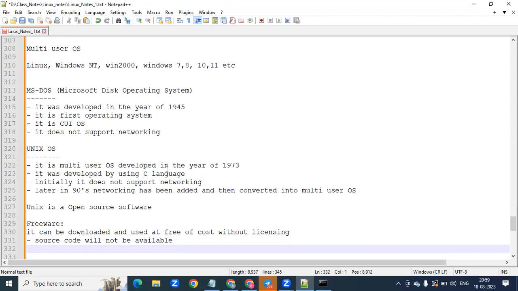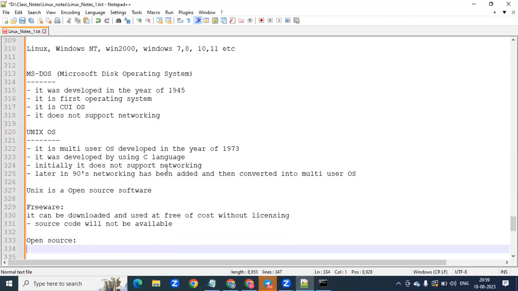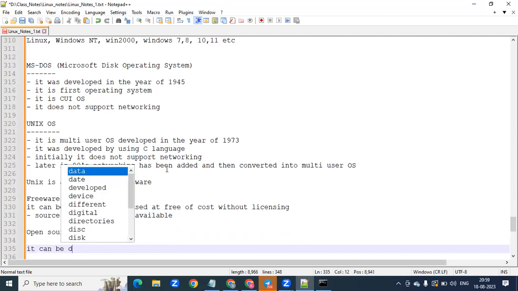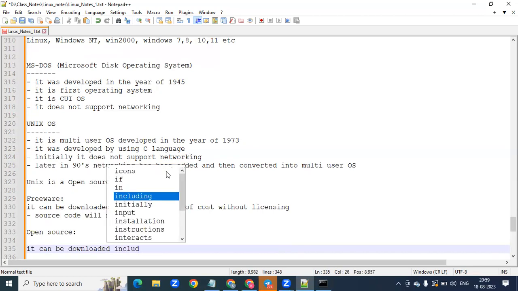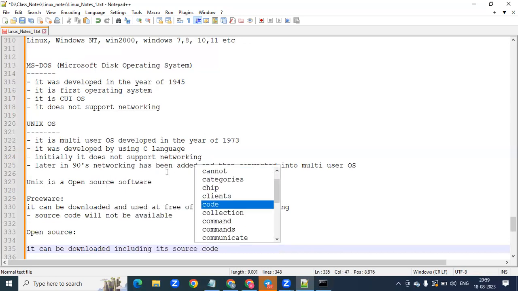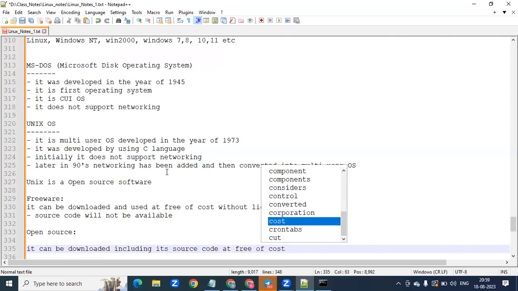If it is open source software, even the source code will be available for us. Open source software can be downloaded, including its source code, free of cost.